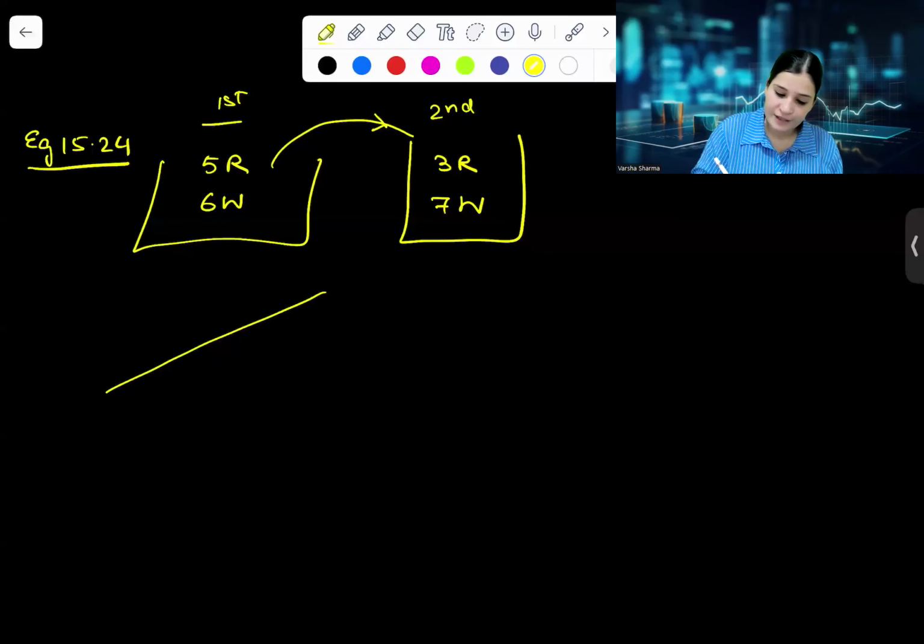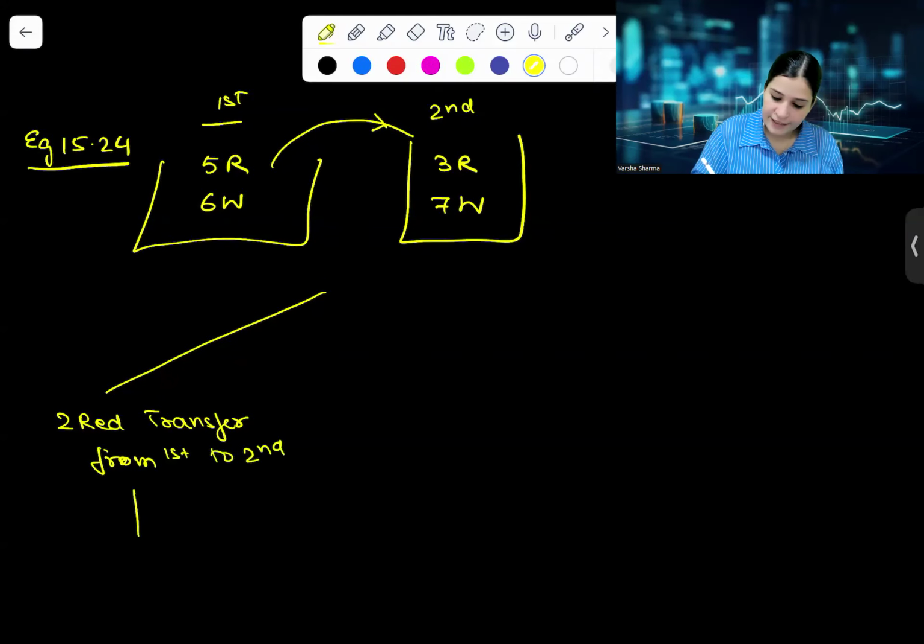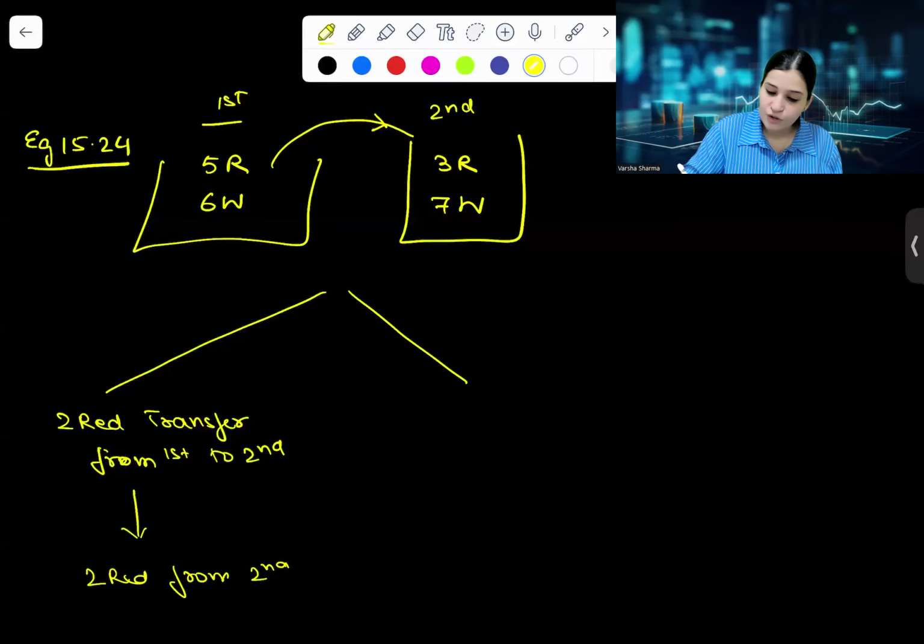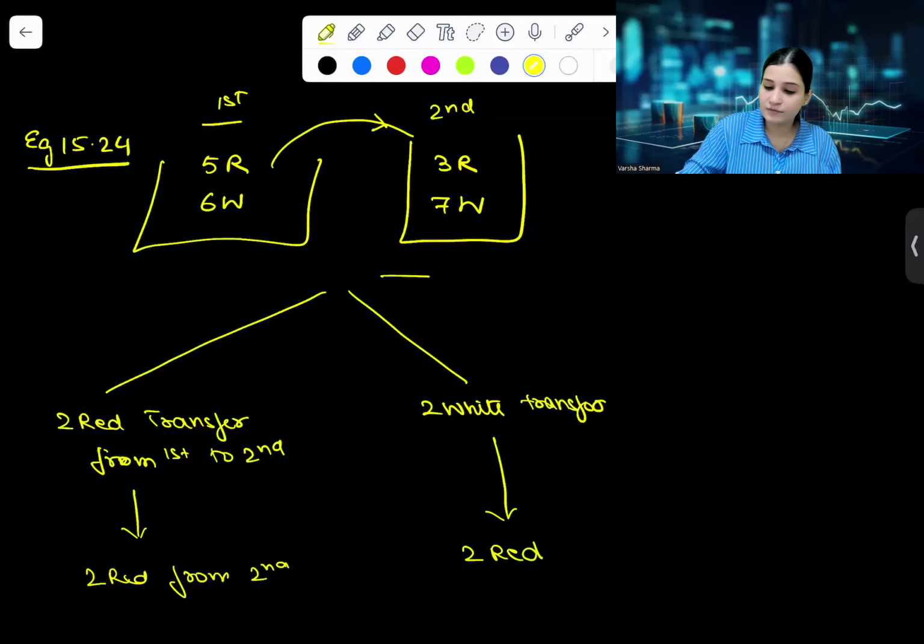So first, what are the possibilities here? There are three possibilities. Two red transferred from first to second and then two red from second. Second case, two white transferred, and then two red from second.